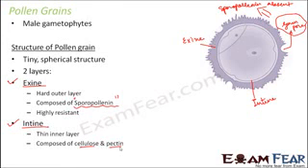Now another important thing to note here is that we spoke about the sporangium, right? Each anther has 4 microsporangium, that is 4 sacs.